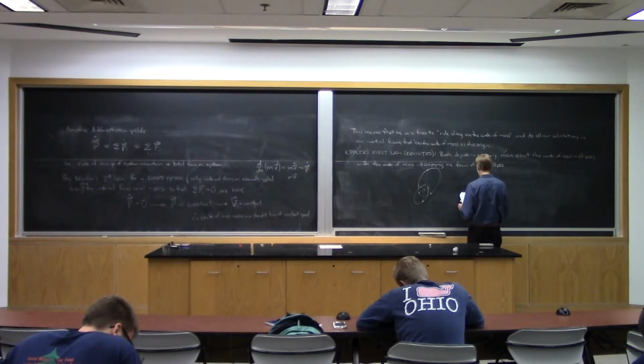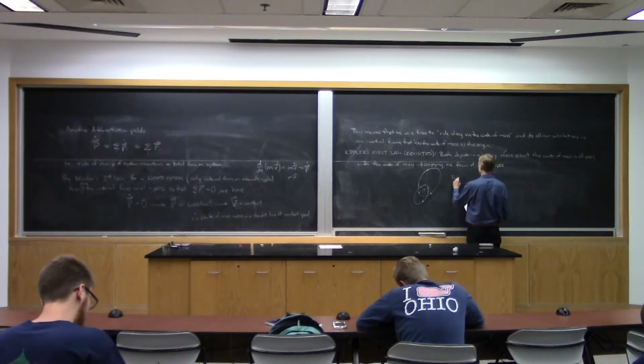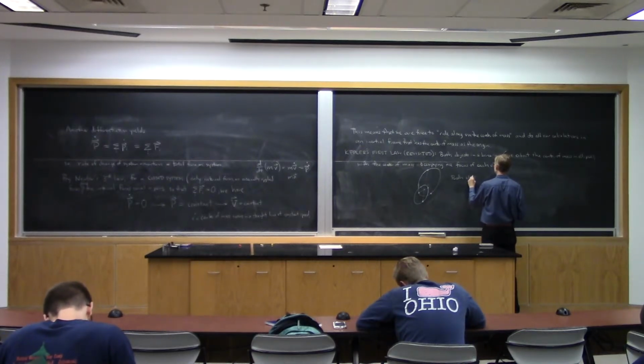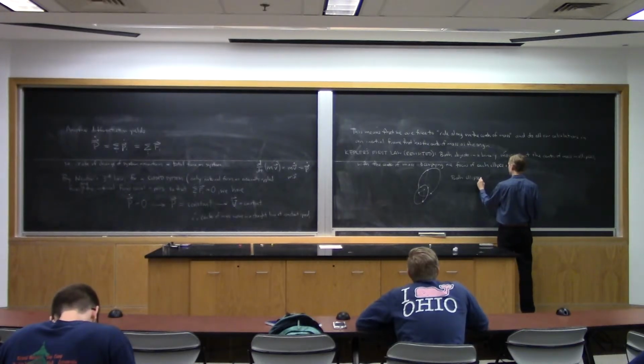The center of mass lies on the line joining the two bodies always. And furthermore, it is true that both ellipses have the same eccentricity, so they're the same shape, they're the same squishiness.